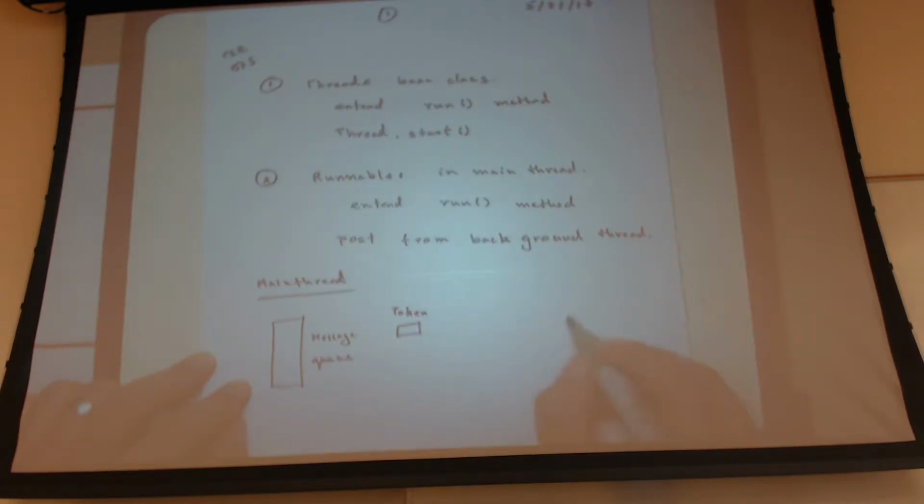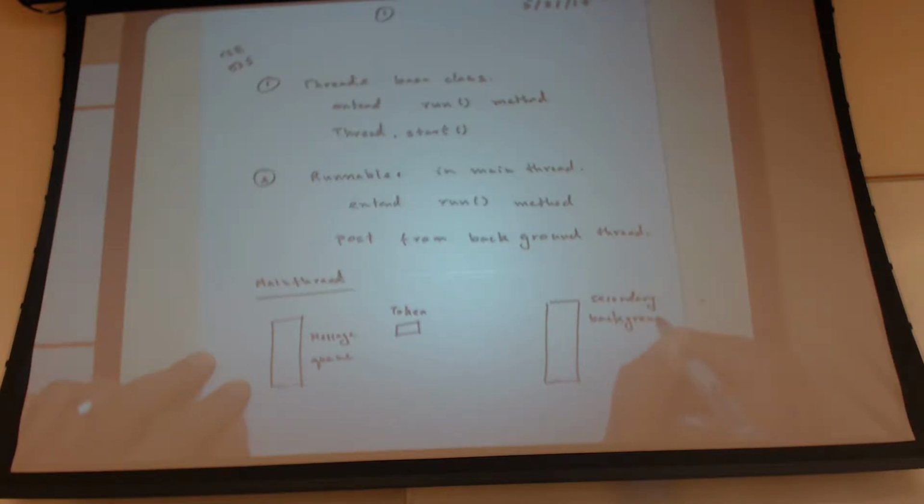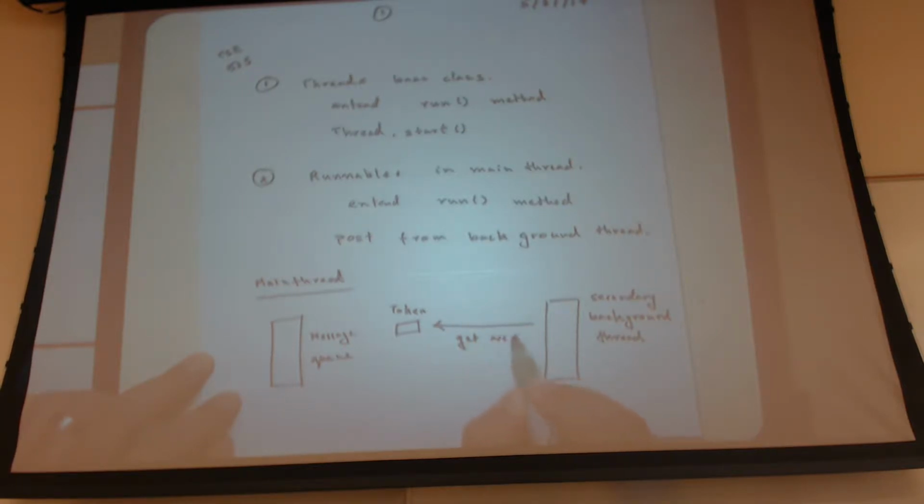Right? And there is the secondary thread or background thread. What the background thread did is get access to the token. The next thing it did is modify it with the new message.